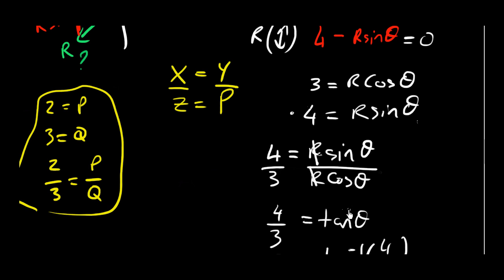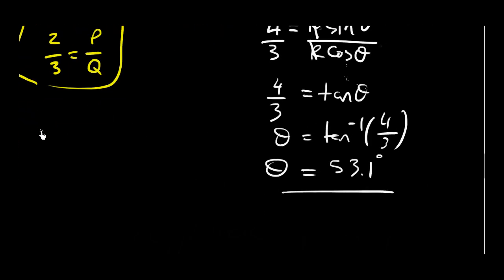Well, we know 3 is equal to r cos theta, so we can use that one. 3 is equal to r cos theta. So therefore 3 divided by cos theta will be equal to r, dividing by cos theta on both sides.